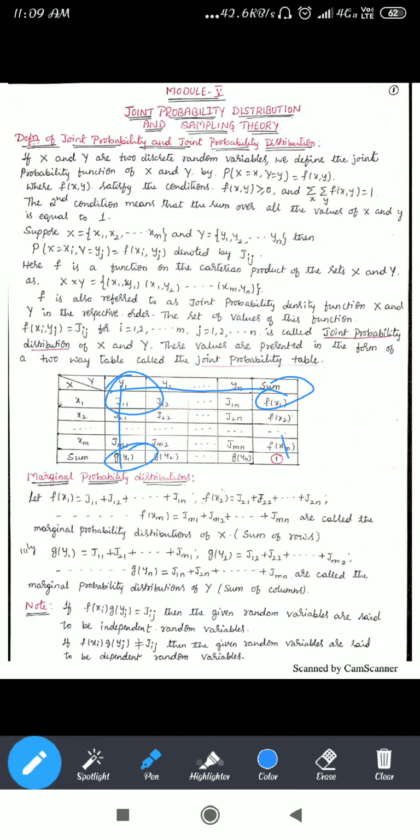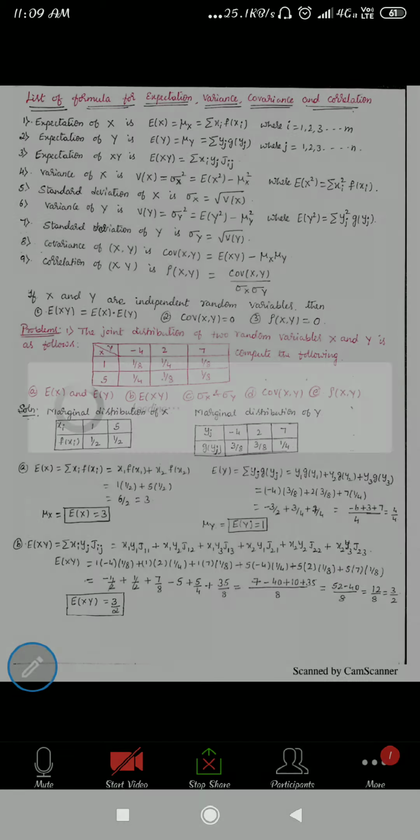Not only that one, f of x2 into g of y2, you should get j22. So if it is equal to that, then x and y are independent random variables. If it is not equal, they are dependent variables.